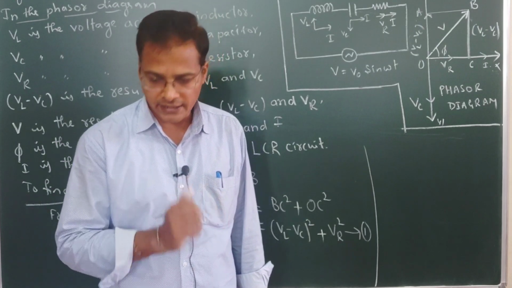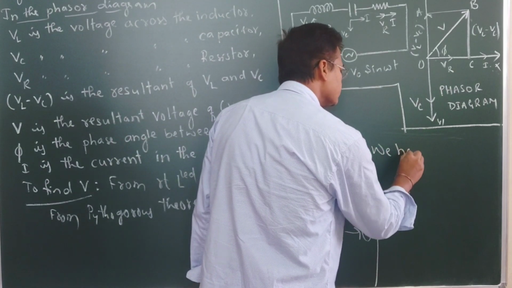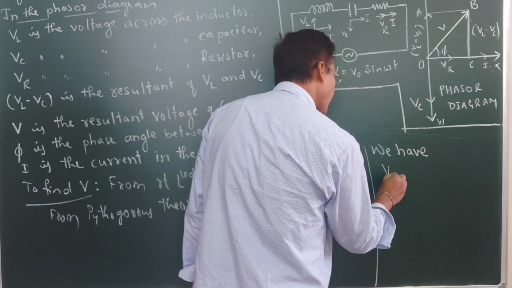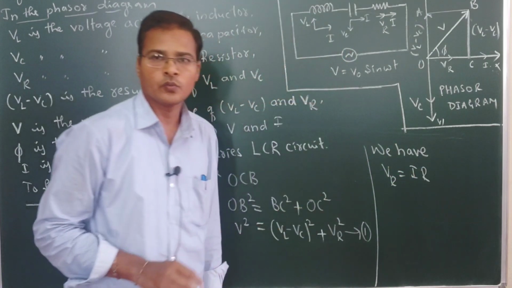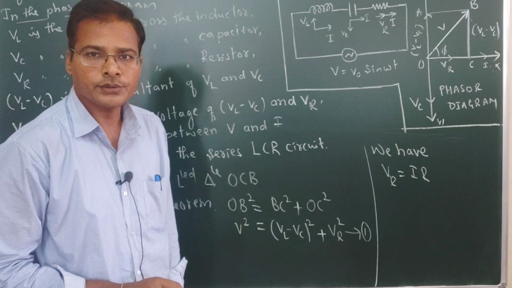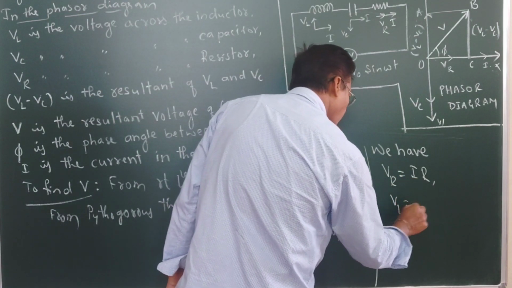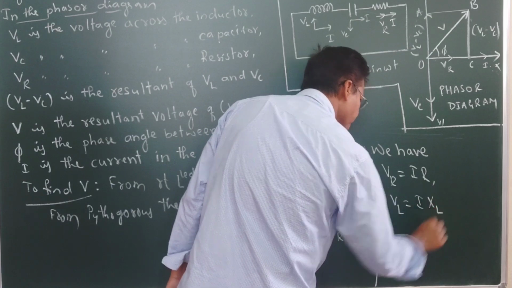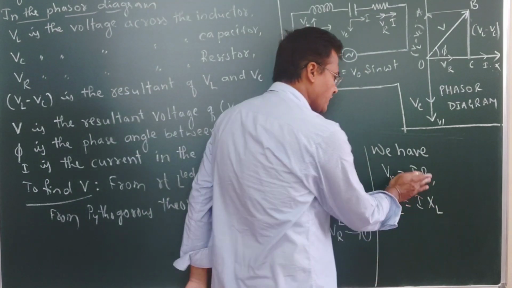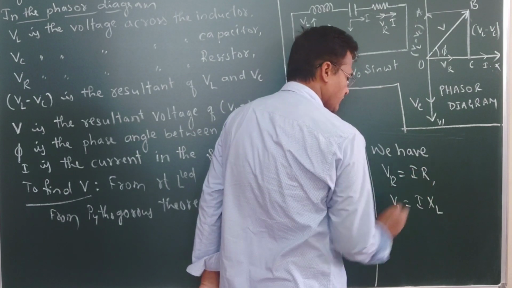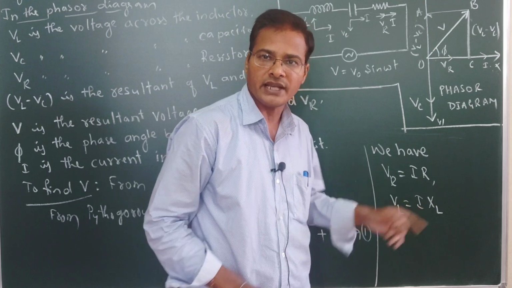There we got the equations VR equals I into R, the potential across the resistance, and VL equals I into XL, the potential across the inductance.